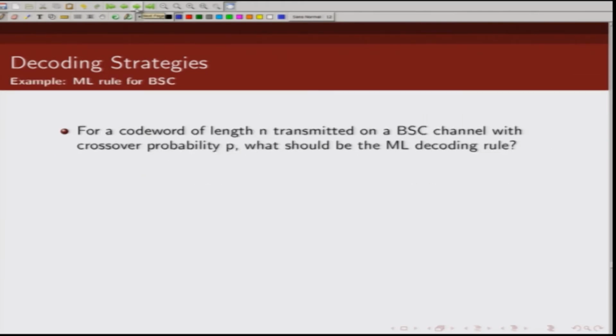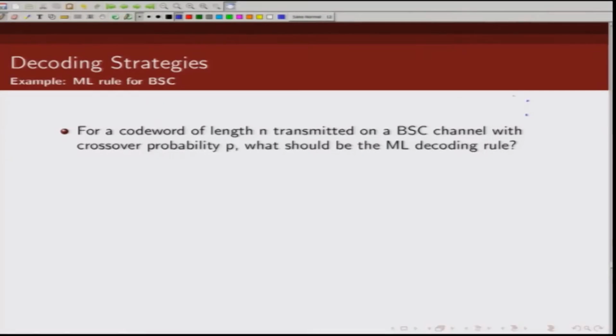Okay. So, let us take an example. We are interested in finding what would be the maximum likelihood decoding rule for a binary symmetric channel. Now, recall what a binary symmetric channel is. There are two inputs, 0 and 1, and two outputs, 0 and 1. With probability 1 minus p I receive my bits correctly, and there is a crossover probability of p.